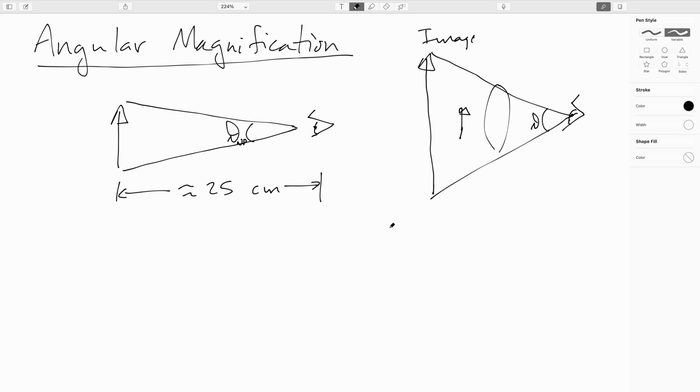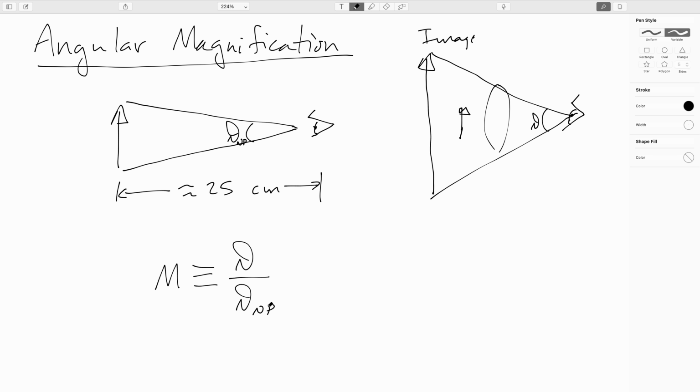We'll call this angle theta. So with that, we can define the angular magnification to be the angle that the image takes up when viewed through the optical device over whatever the biggest angle was you could get if you just put the thing as close to your eye as you could.